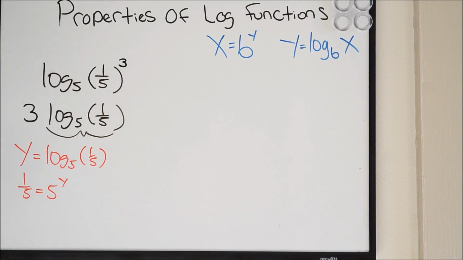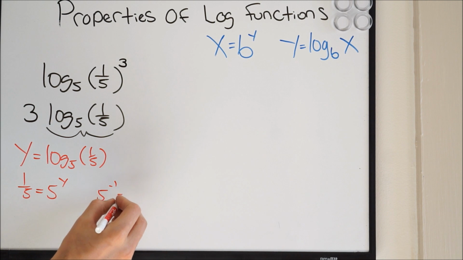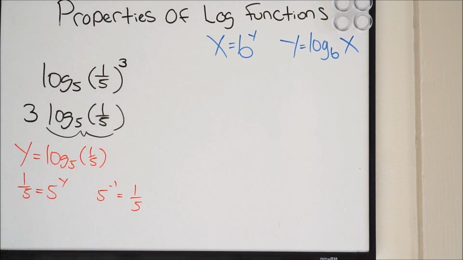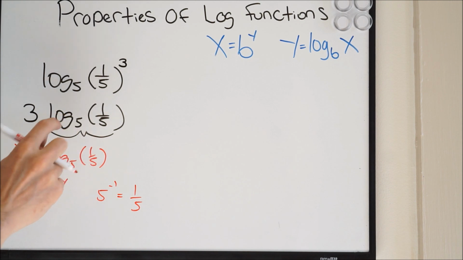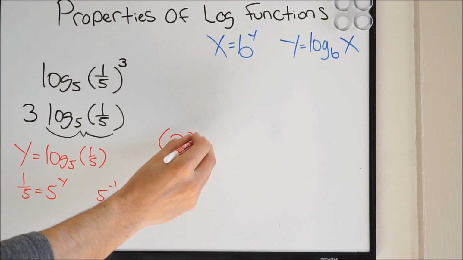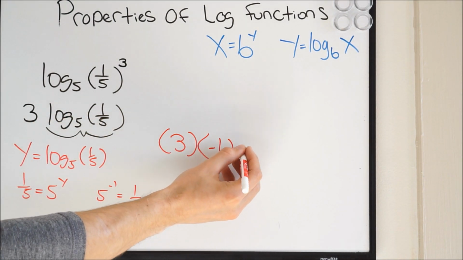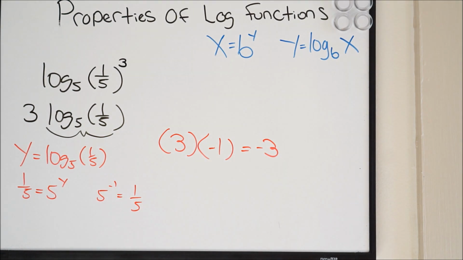Well, what am I going to need to plug into y here in order to get 1/5? Well, it's going to have to be -1, because 5 to the -1 is equal to 1 over 5. So knowing that, my answer here will be -1. And then simply going back, we're doing 3 times what we just evaluated, which we determined was -1, and we get -3, so the same thing.